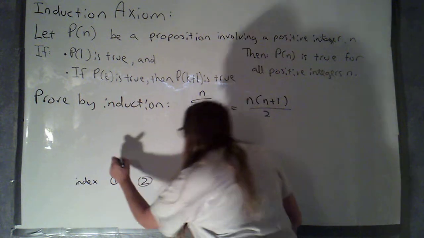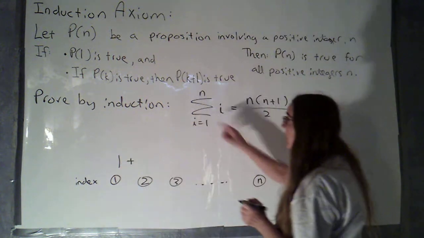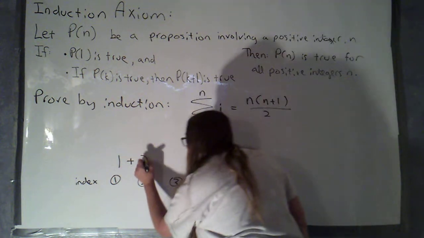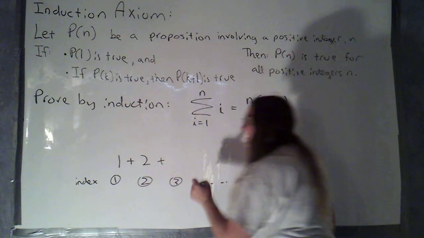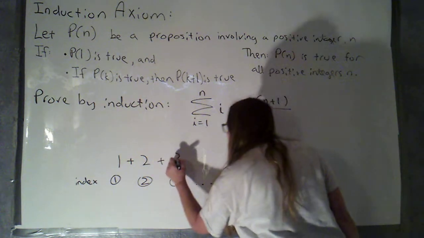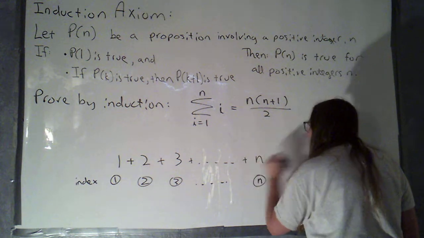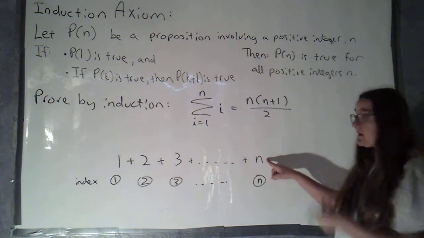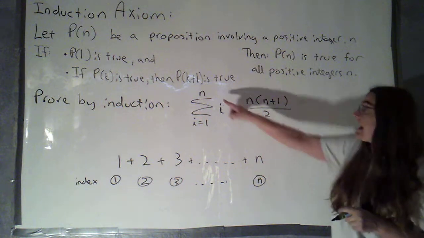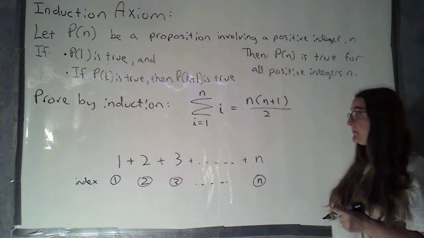So when the index is 1, we get a term of 1. Plus, when the index is 2, we get a term of 2. Plus, when the index is 3, we get a term of 3. Plus, plus, plus, all the way through to the last term in our sum, which is going to be our final index, n.